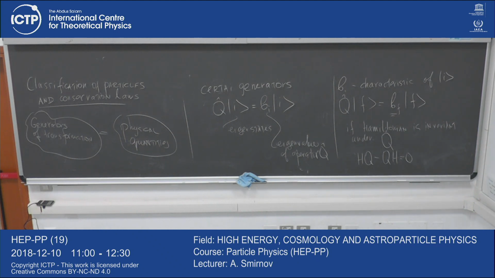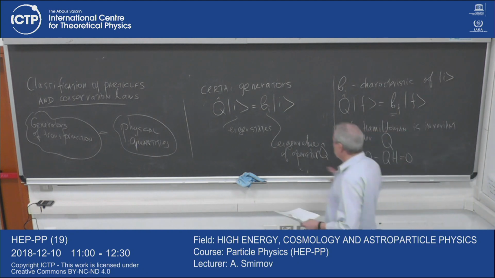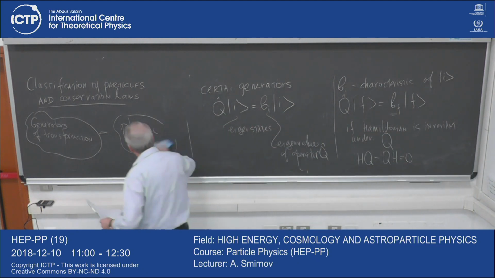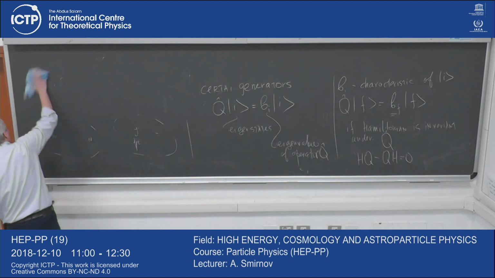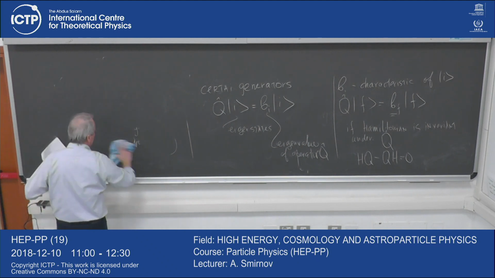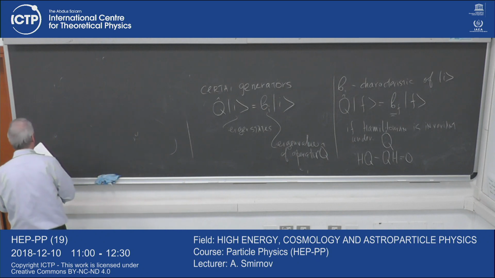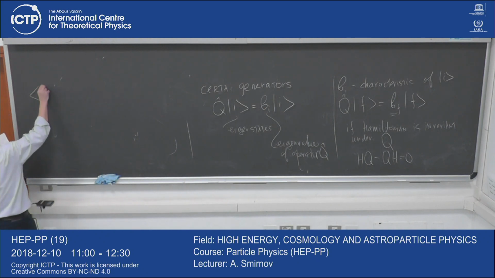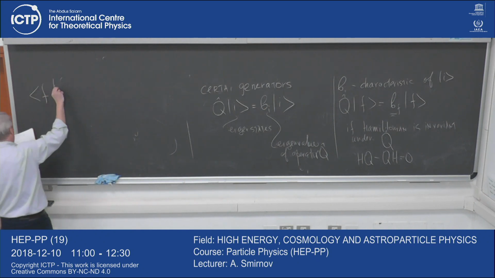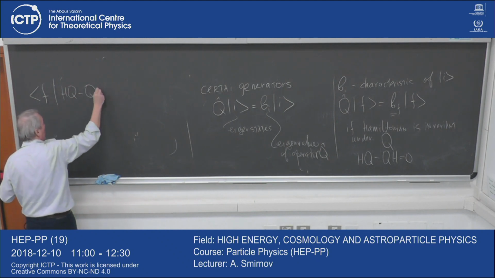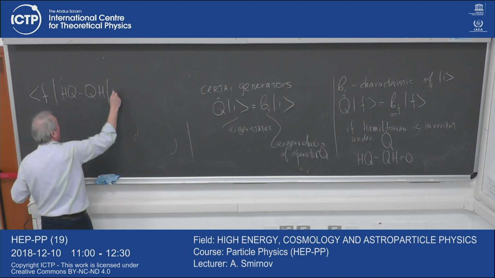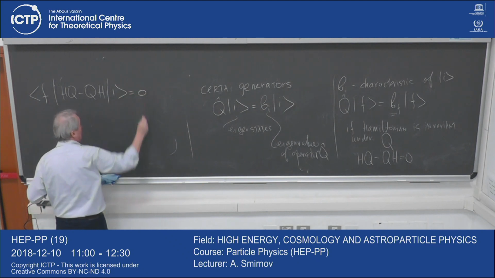So the Hamiltonian is invariant. So let's take this equality in between states I and F. Let us consider the following. Take F, and then here HQ minus QH, I equals 0, right?